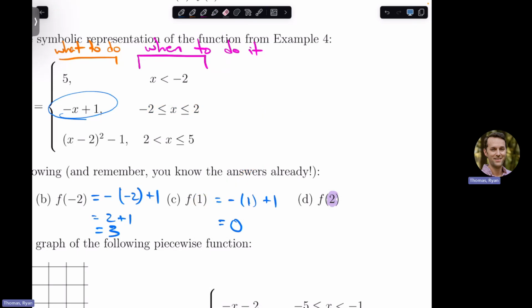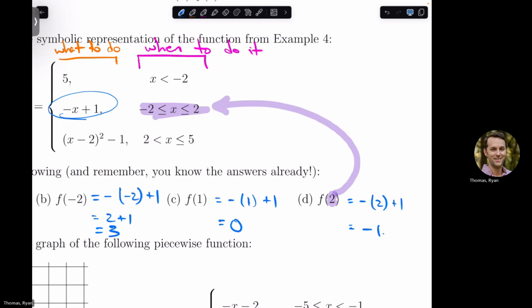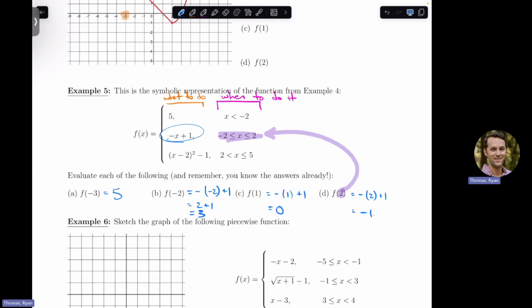Where does 2 fit in? That's really pretty much it. It's kind of just about learning.